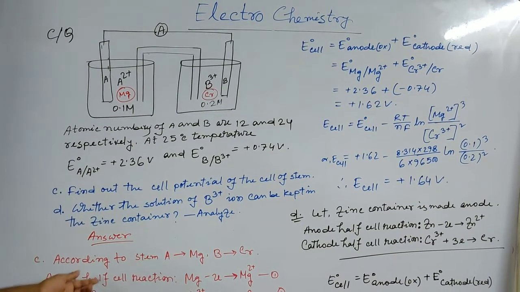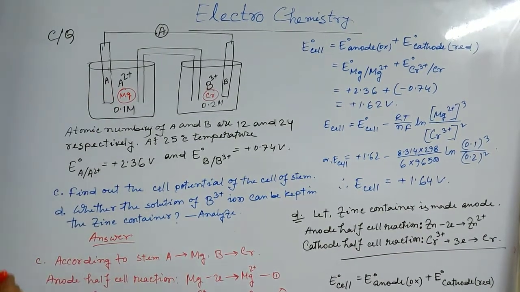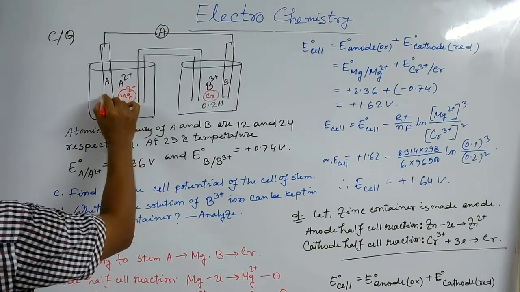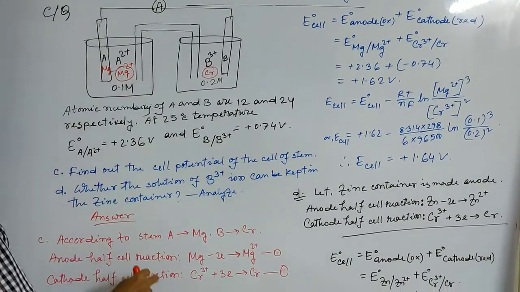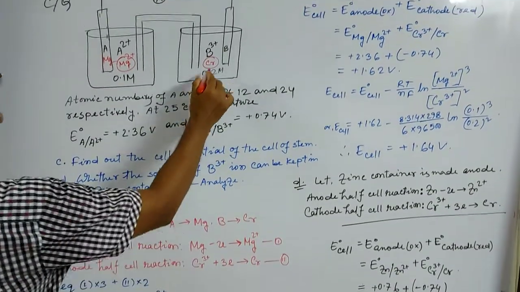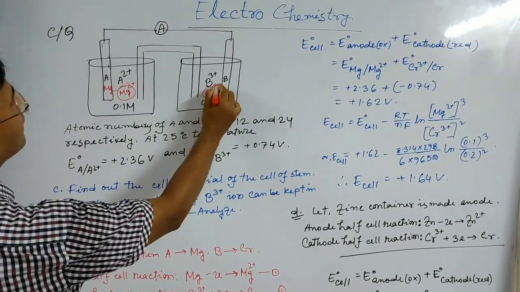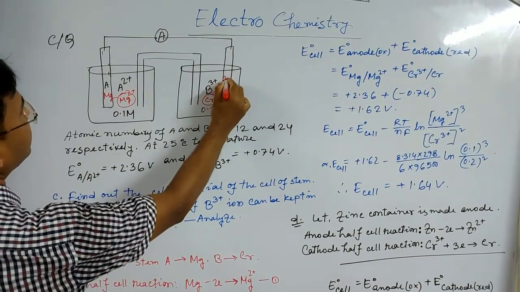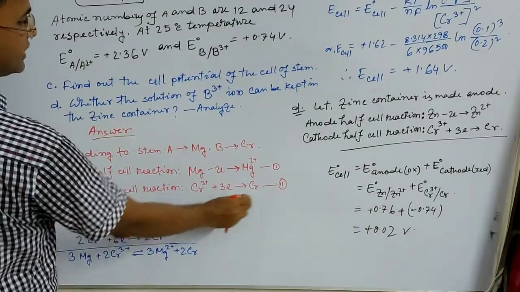So anode half cell reaction: magnesium converts into magnesium 2 plus. That is, magnesium releases 2 electrons to form magnesium 2 plus, and chromium 3 plus ion converts into chromium metal by accepting 3 electrons.